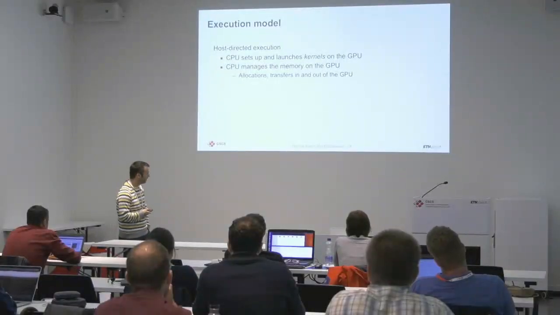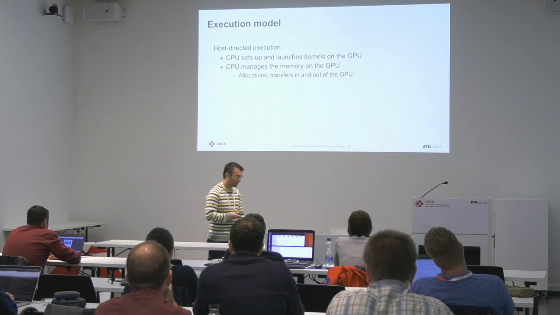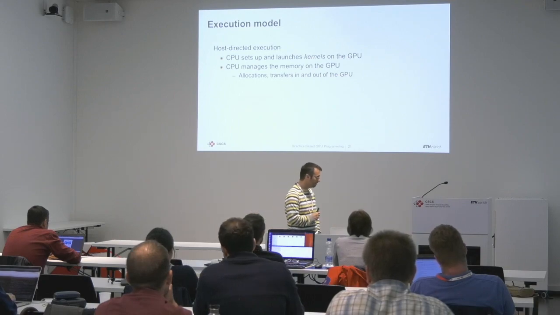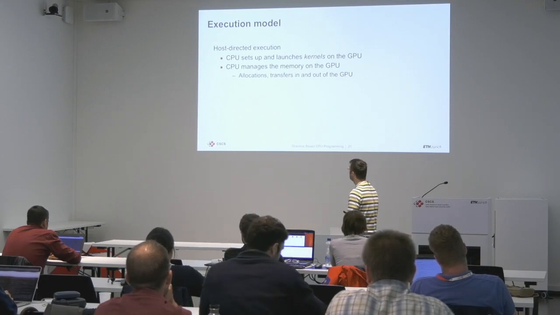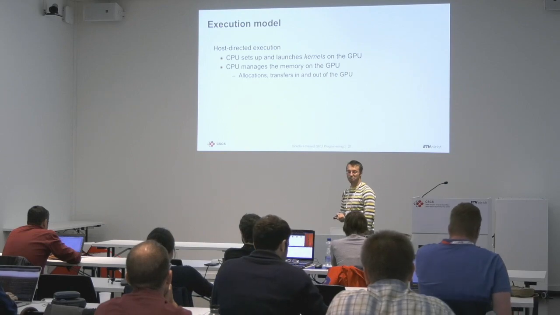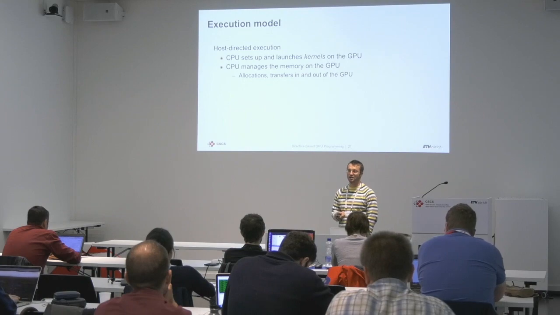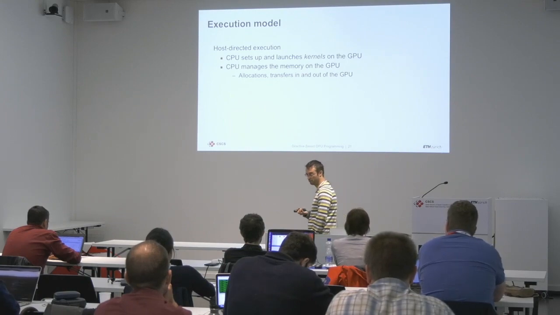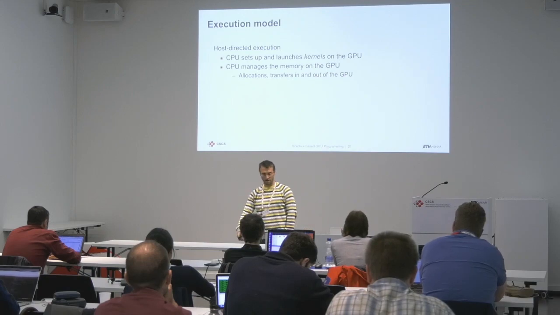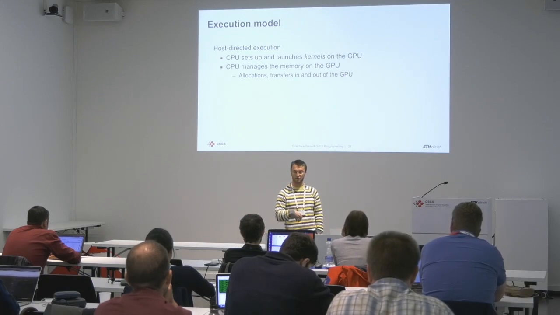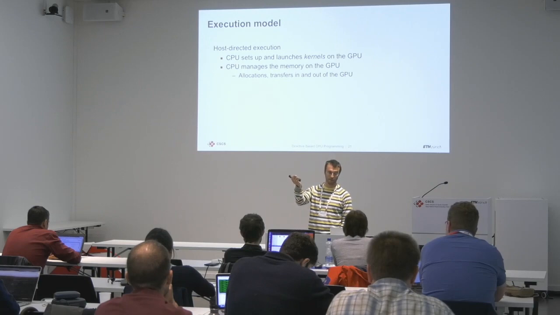Okay. Now, another difference is that on the CPU, the execution model is very old, from the 40s, the von Neumann model. So you have your program in the memory, you read its instructions, and you have your data again in the memory.